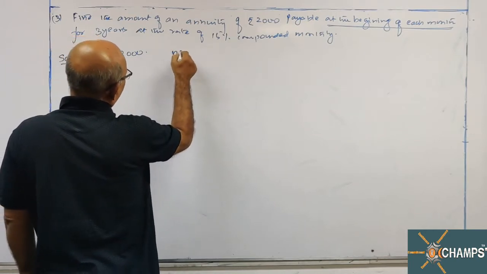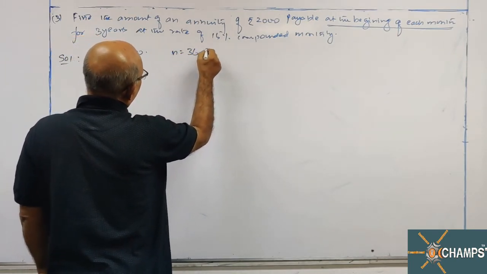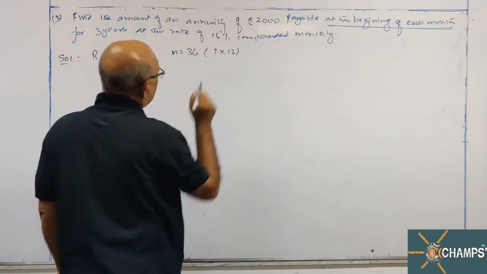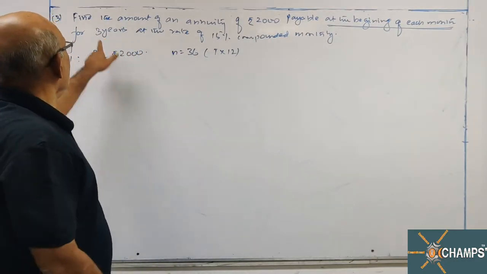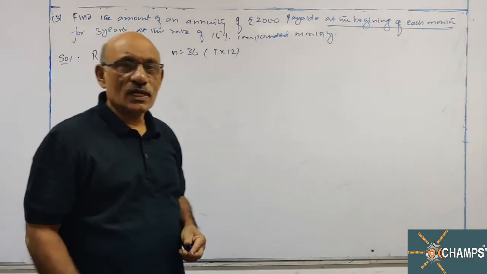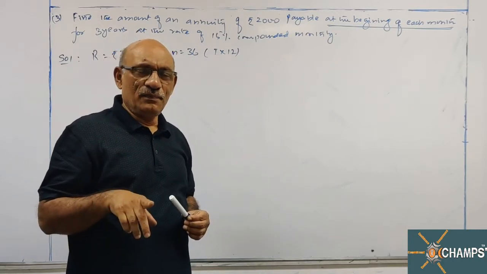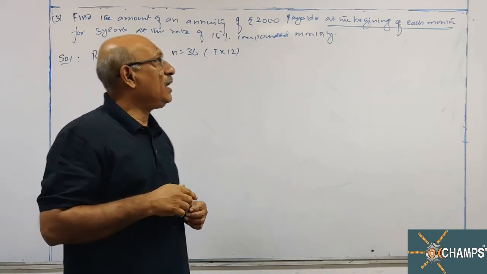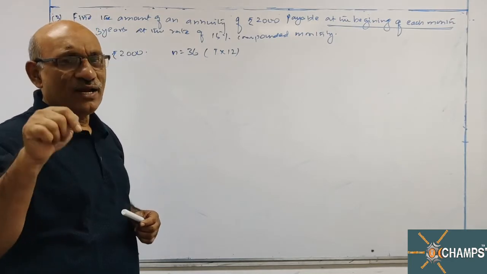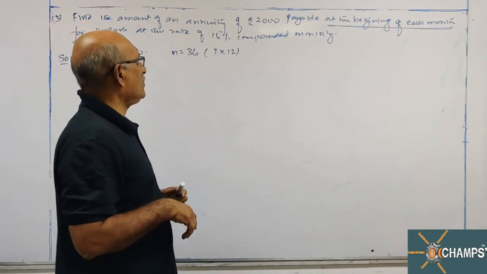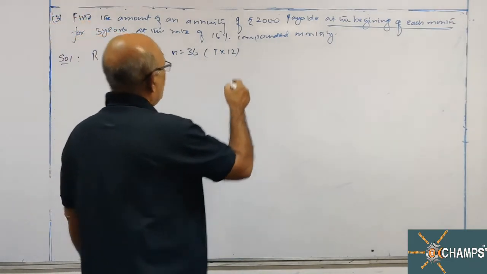Per month means N is equal to 36, that is T into 12, 3 years. Deposits are at the beginning of each month, so per year 12 payments. In 3 years it is 36 payments.